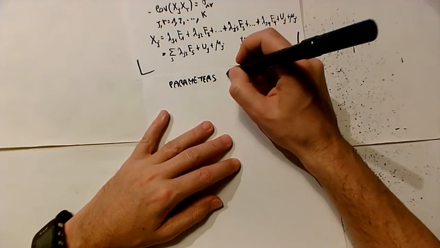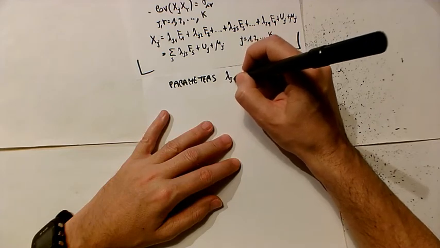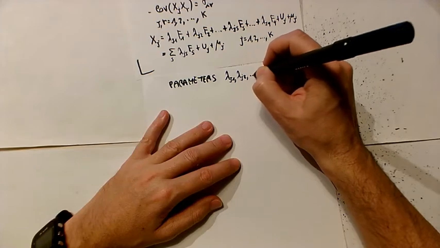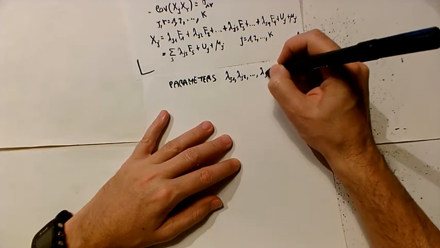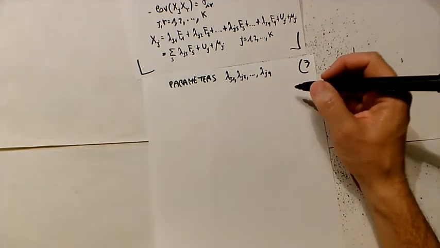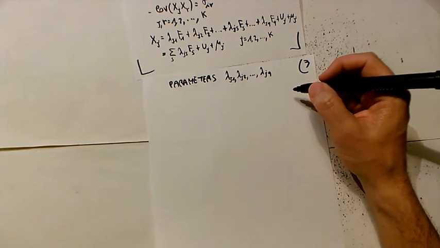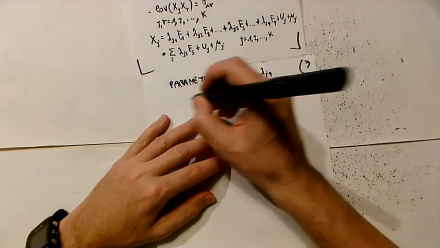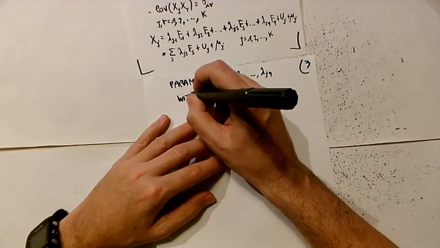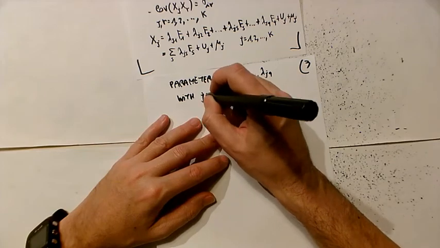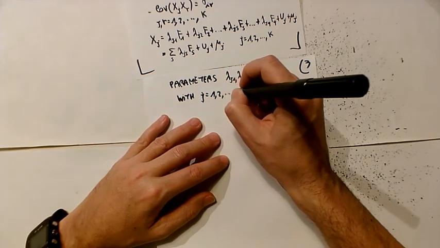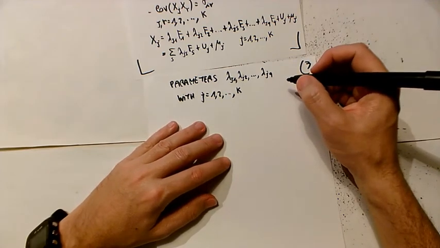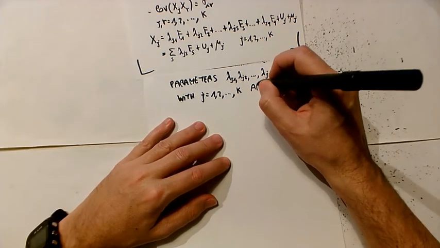Lambda j1, lambda j2, up to lambda jq, with j equal to 1 up to k. So these parameters are called factor loadings.